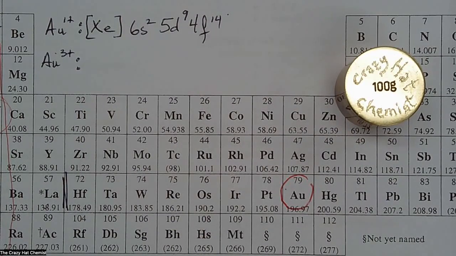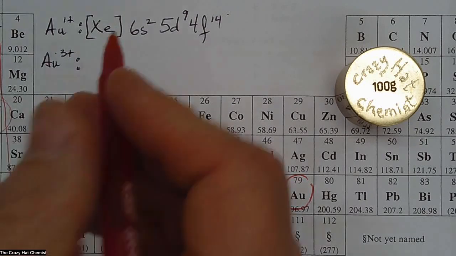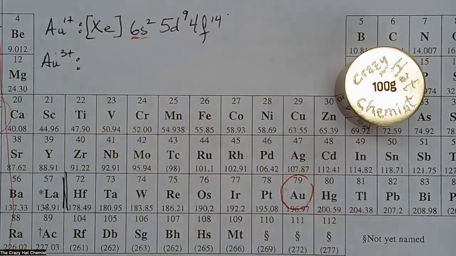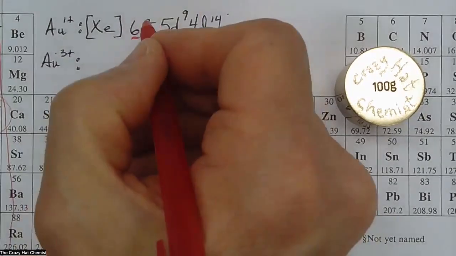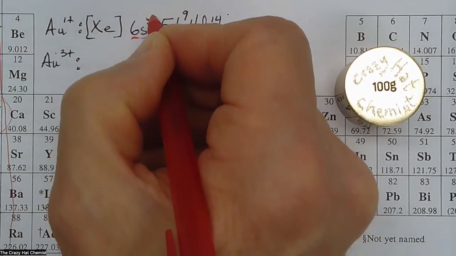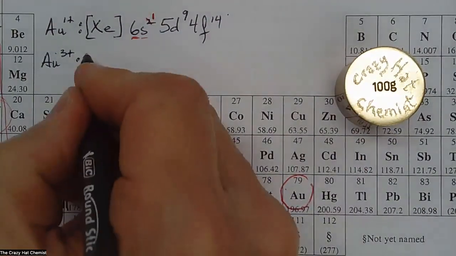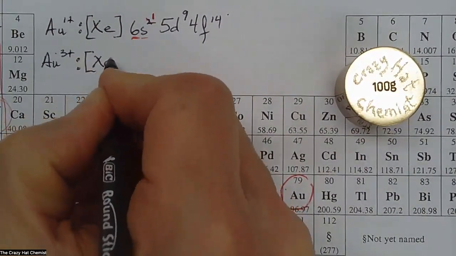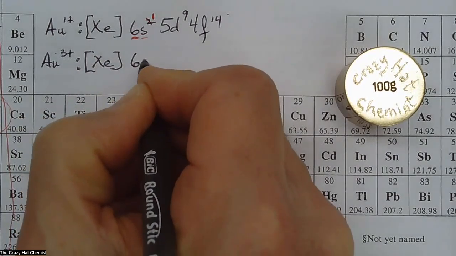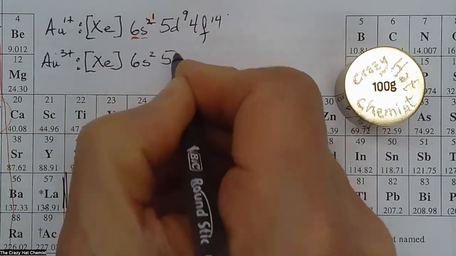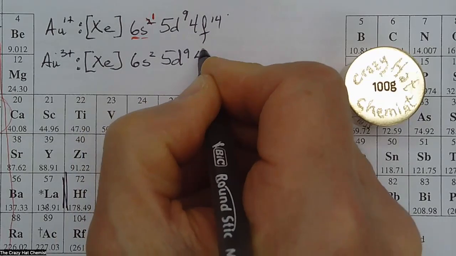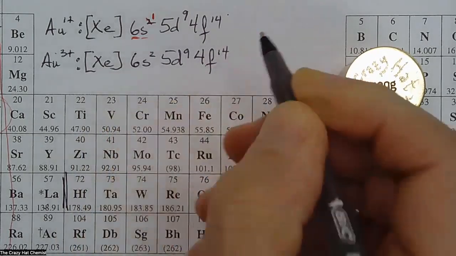So what we're going to do is remove an electron. And which electron? The largest principal quantum number, s and p, the outermost electron. So this 2 is going to become a 1. All right, and we're going to do the same thing here for gold 3+. We're going to have 6s2 and then 5d9 and 4f14.